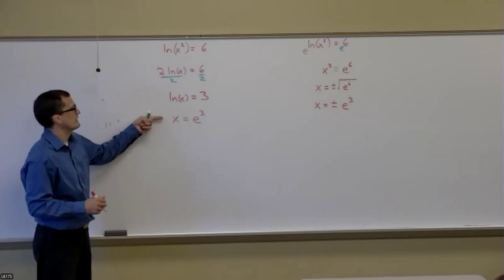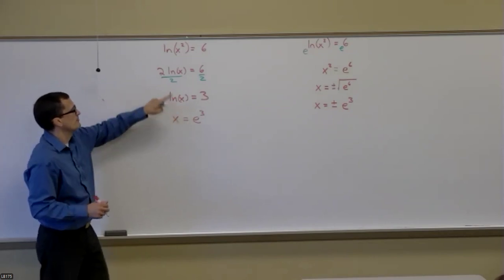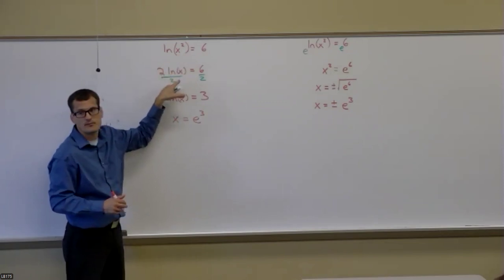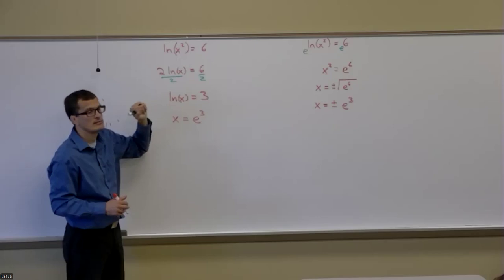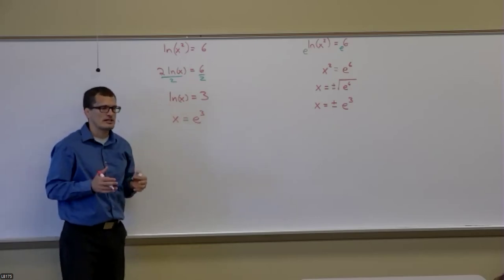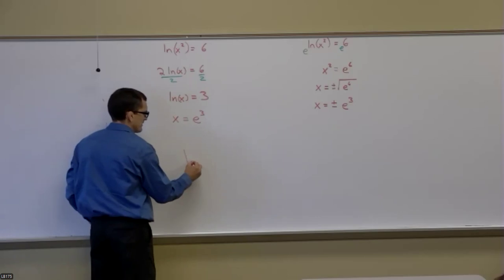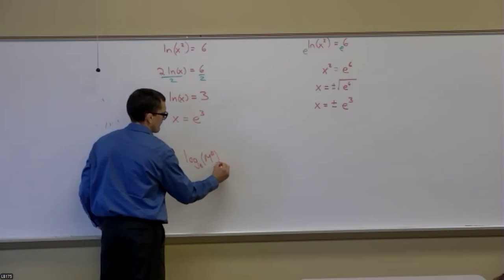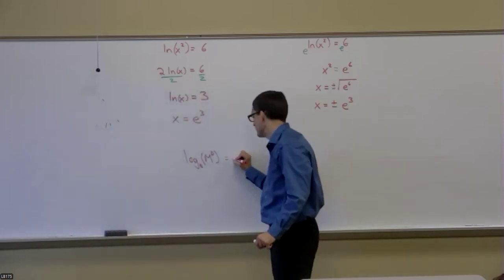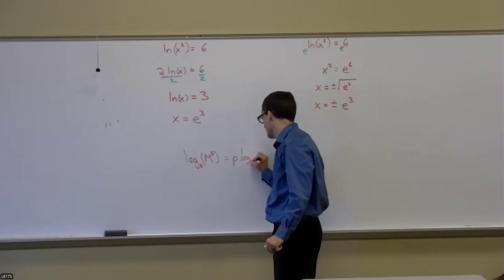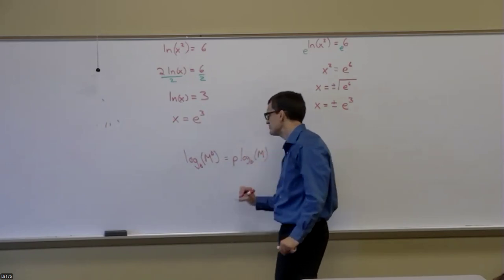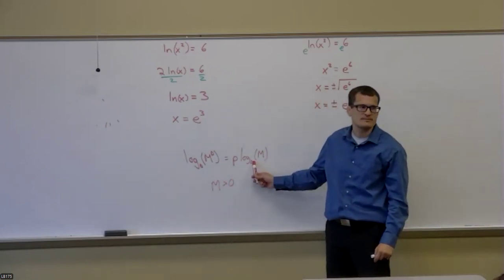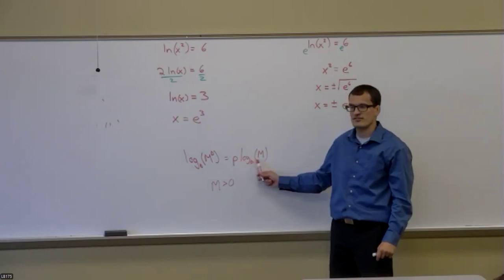The reason that I only got one answer here is because of the nature of this power rule. If you go back and look at the power rule, when we say log base b of m to some power is equal to the power times log base b of m, we assumed that m was positive because otherwise this would not exist.